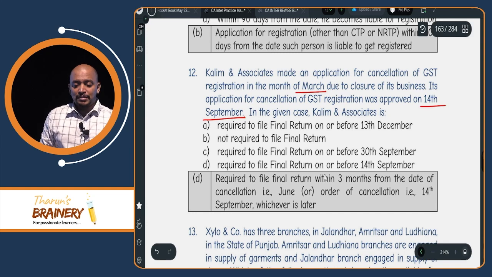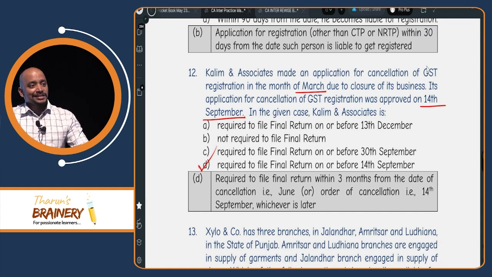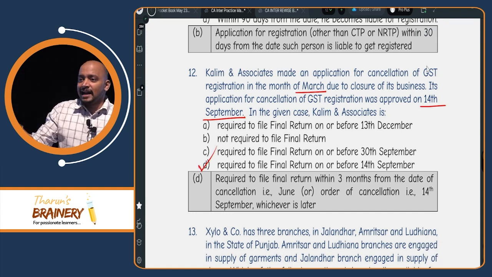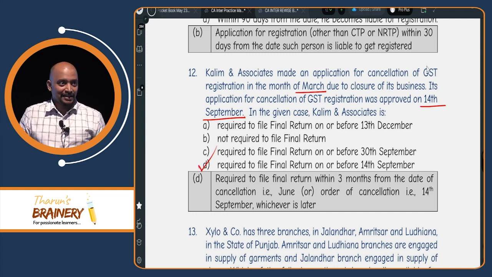So what is the time limit by which the final return should be filed? 14 September, not 13 December. Where did December come from? 3 months from March or 14 September, whichever is later. So it is 14 September only. December, where did it come from? Your birthday?